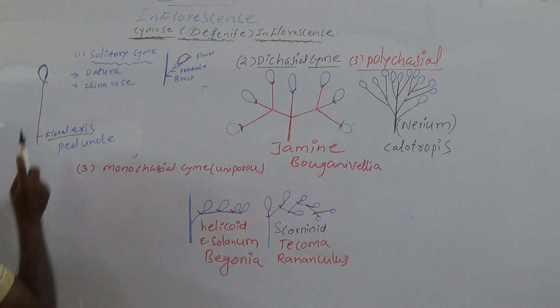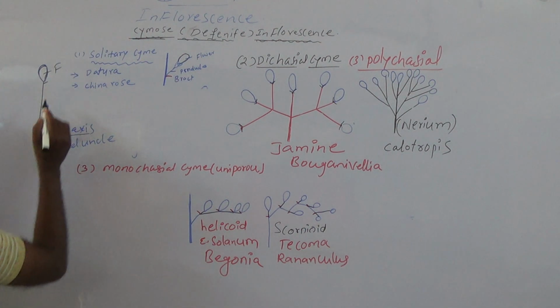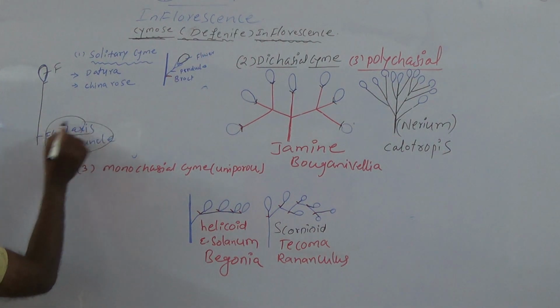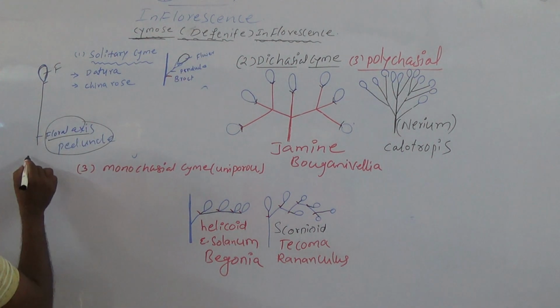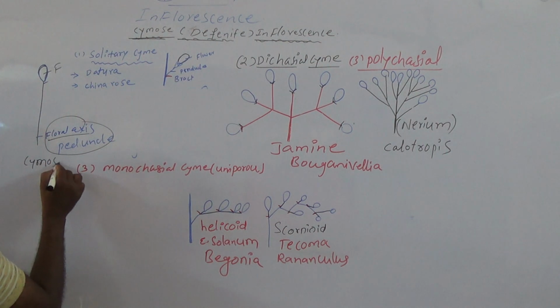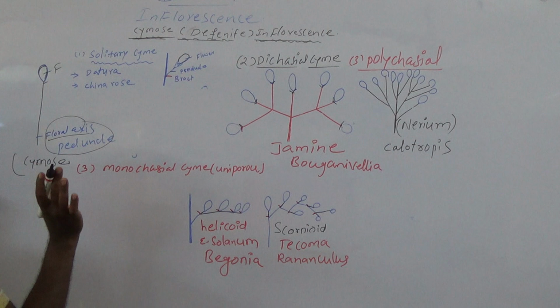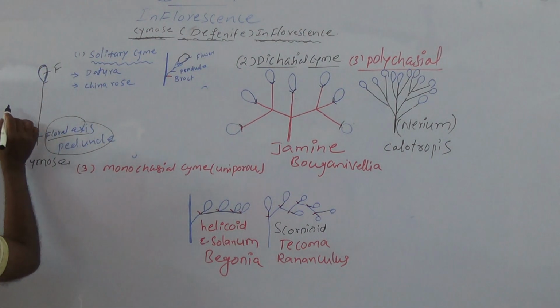Are you clear? Now this is the flower. When the axis terminates with a flower, the floral axis growth is stopped. It is cymose. The axis ends with a flower. But in the previous class, what is racemose?